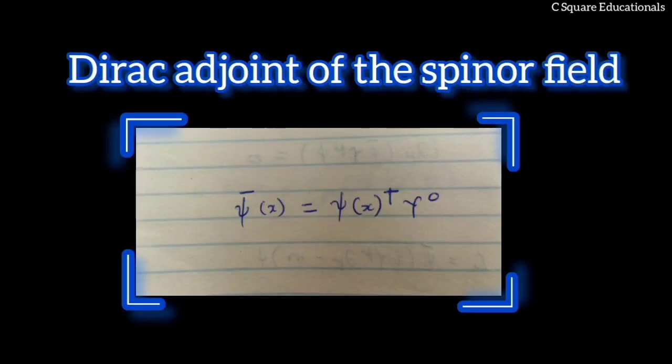The Dirac adjoint of the spinor field psi of x is defined using a property of the gamma matrices, which follows straightforwardly from the Hermitian properties of the gamma mu.